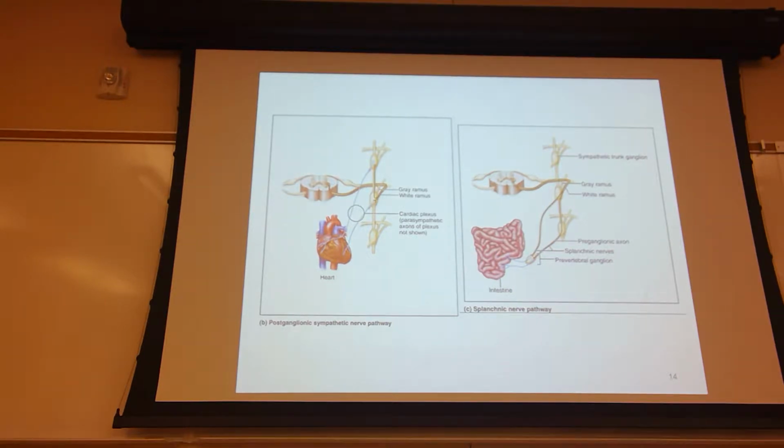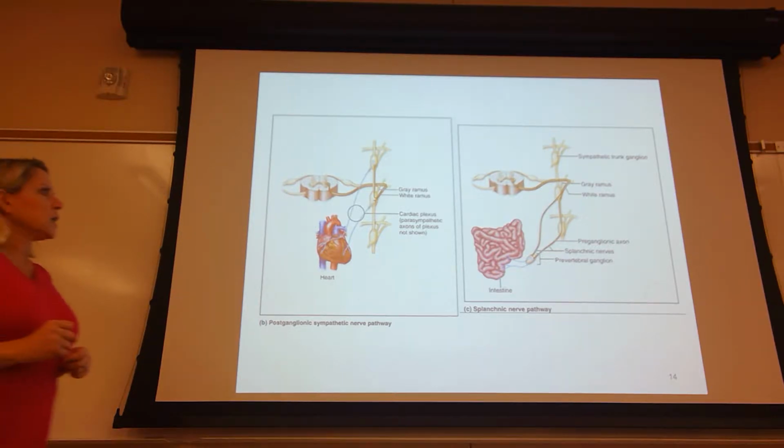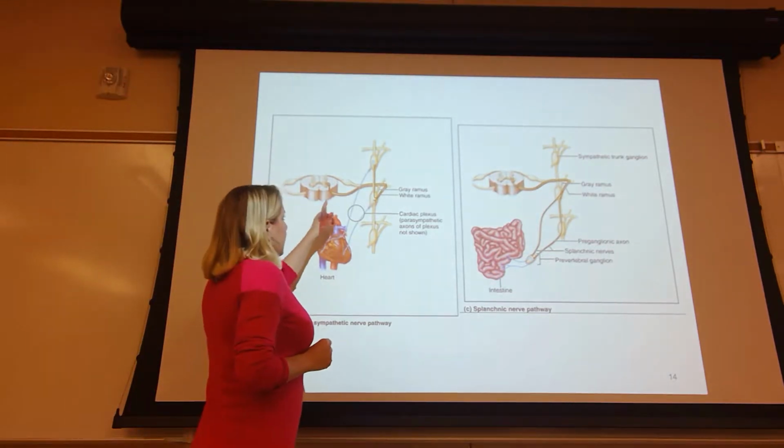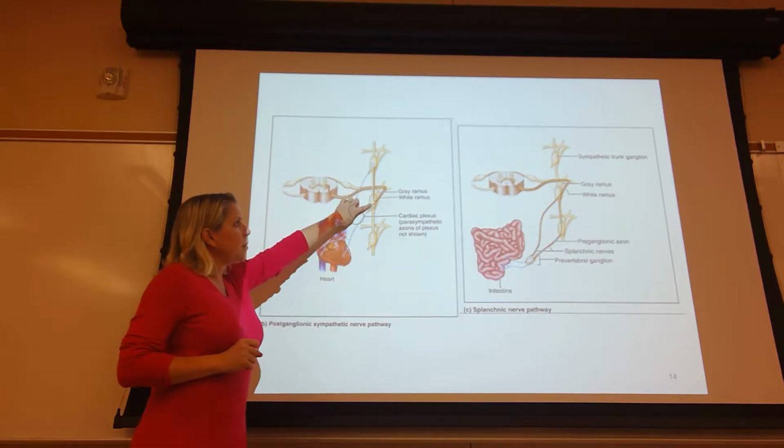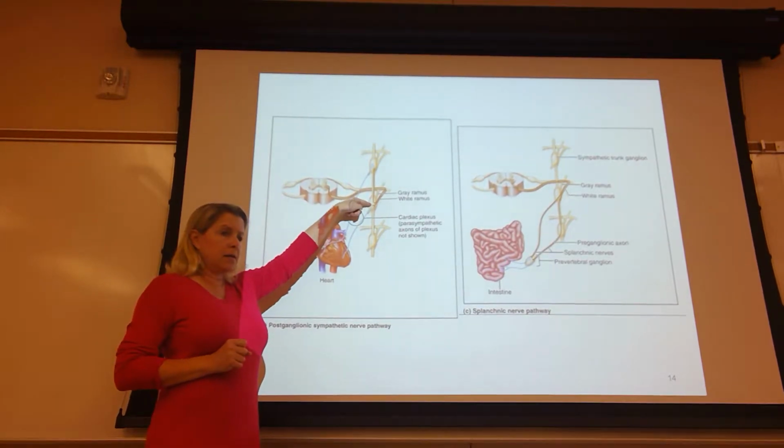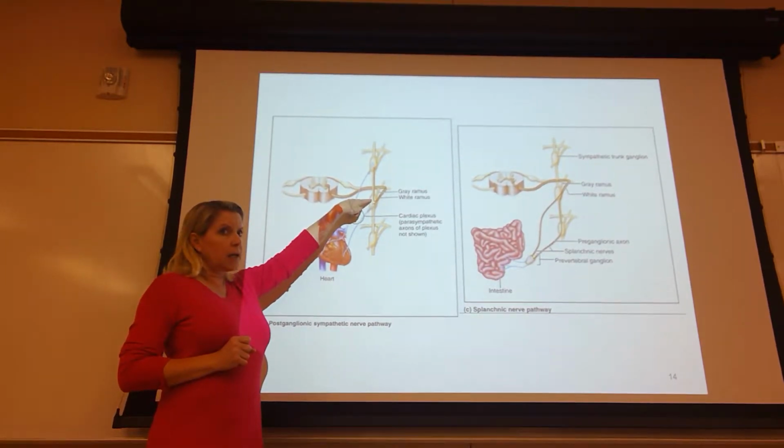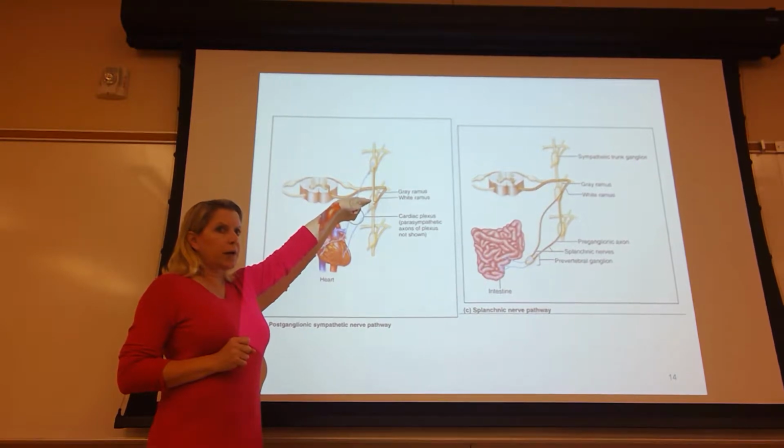Again, I'm starting out with the postganglionic fiber option. There are two. The postganglionic fiber, the cell body can be in a sympathetic ganglion of the sympathetic trunk.